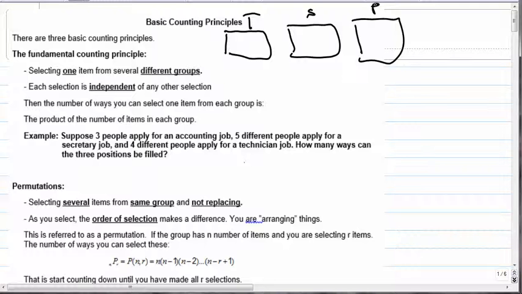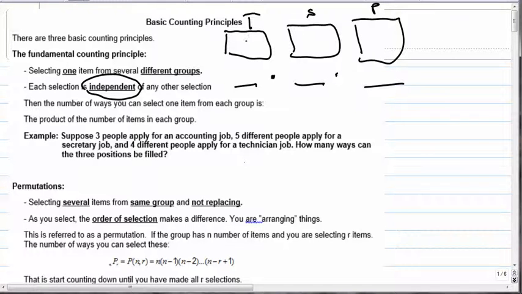And when I am choosing items from each one of these groups, and the selection from one group has nothing to do with the selection from another, meaning this concept of independence, that is what we're referring to here, then the number of ways we can choose an item from each group is going to be the product of how many ways I can choose from each individual group.